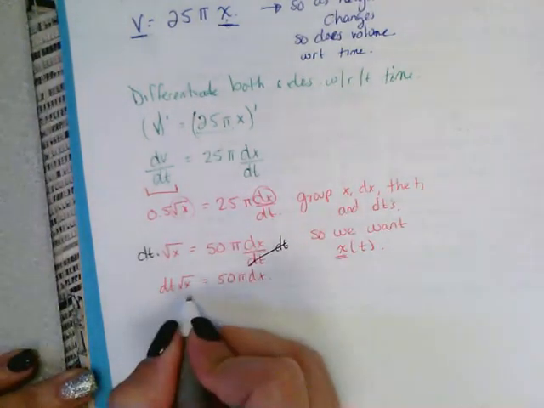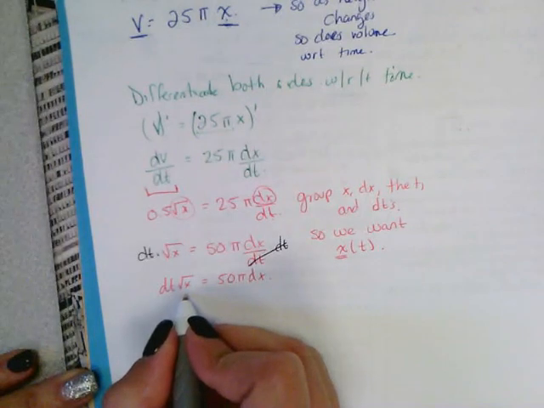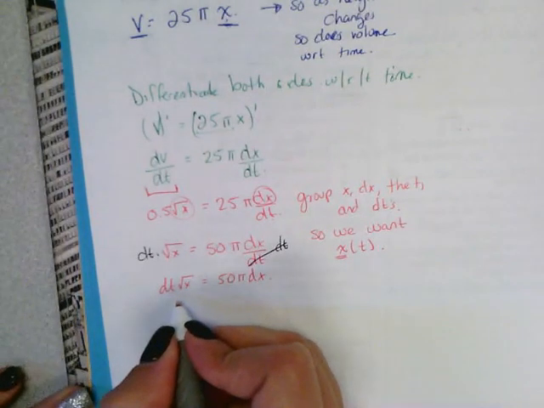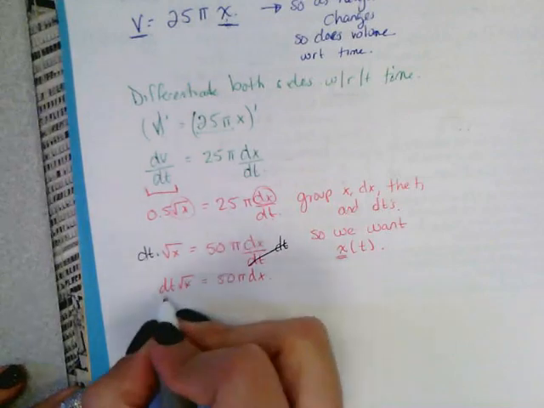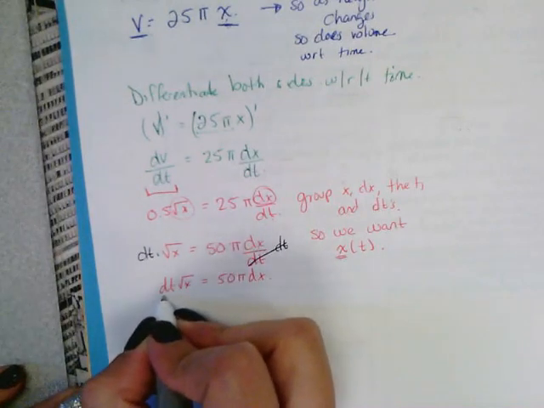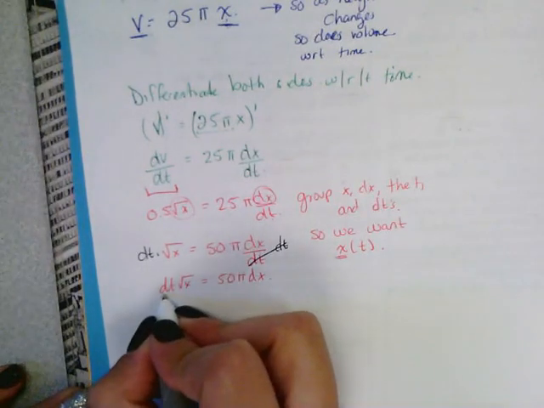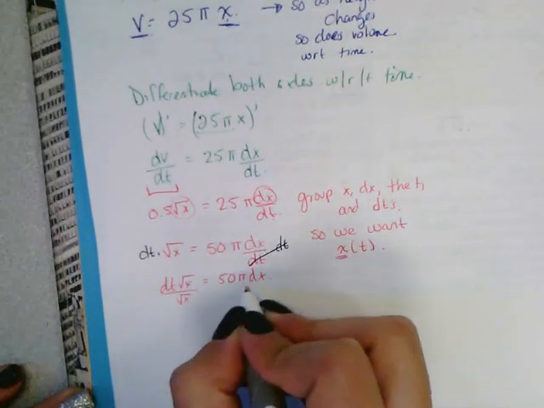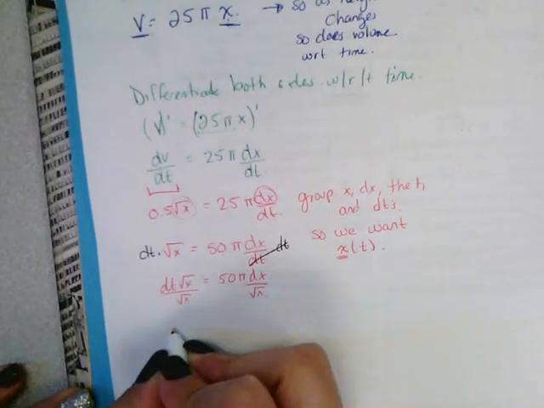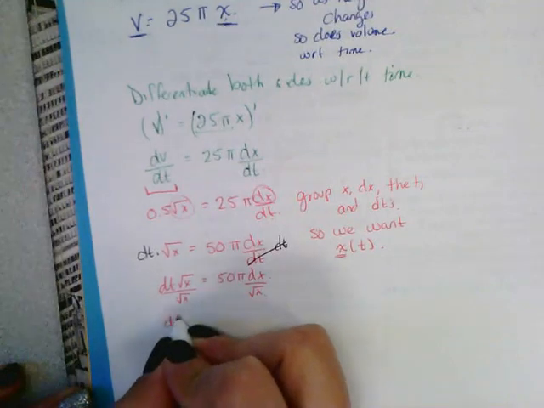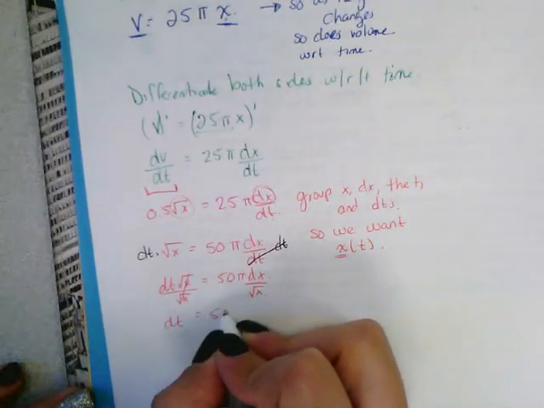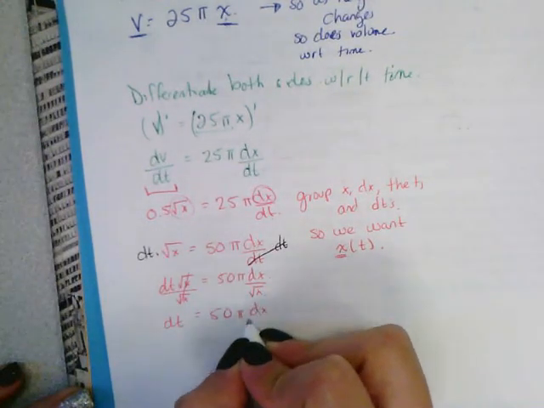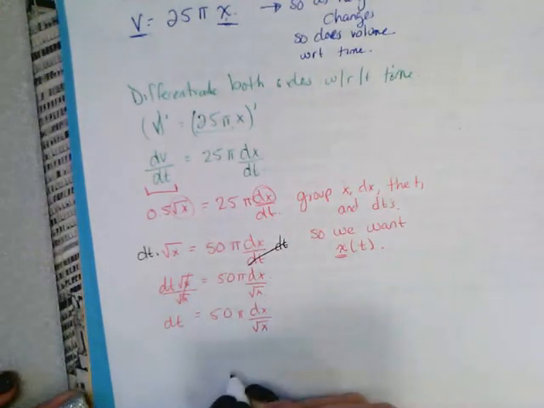I still want my x's together. Okay, so I'm going to divide both sides by, I'm sorry, by square root of x. So now I got dt equals 50 pi dx over square root of x.